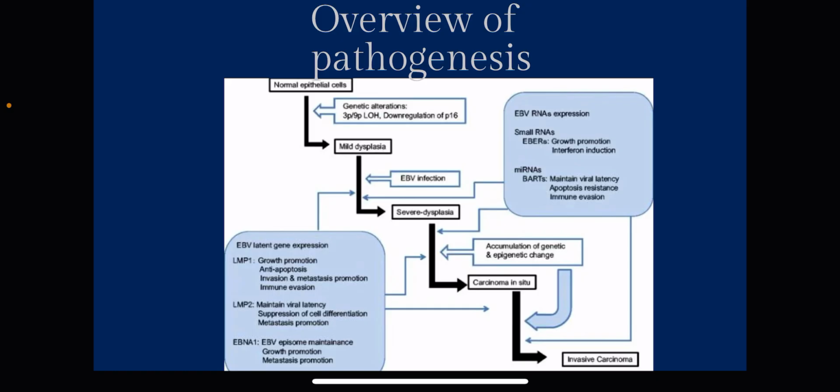Now, the severe dysplasia with the accumulation of genetic and epigenetic changes leads to carcinoma in situ. And again, with the genetic and epigenetic changes, it leads to invasive carcinoma. Not only that, the Epstein-Barr viral latent gene expressions like LMP1, LMP2 and EBNA1 also result in the transformation of carcinoma in situ to the invasive carcinoma.